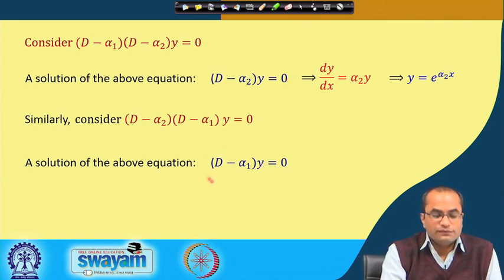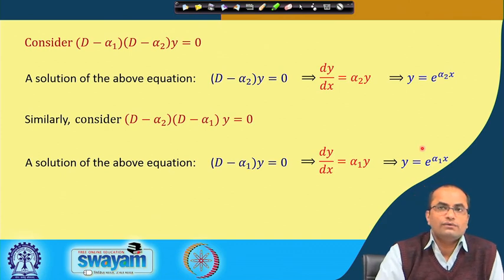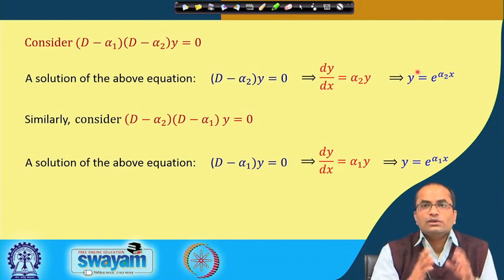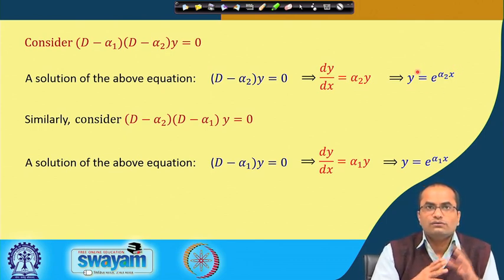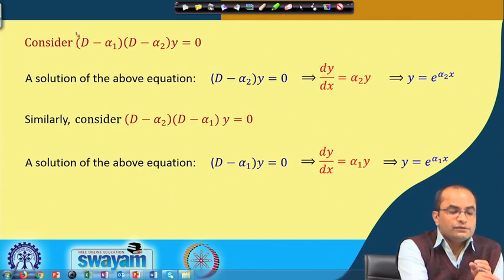So, if we solve this d minus alpha 1 y is equal to 0, we will get y is equal to e power alpha 1 x, and now e power alpha 1 x and e power alpha 2 x. So, we have two solutions of the given differential equation.